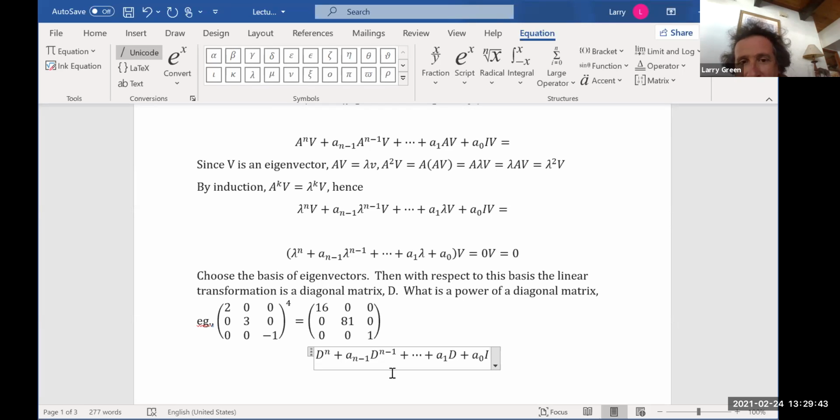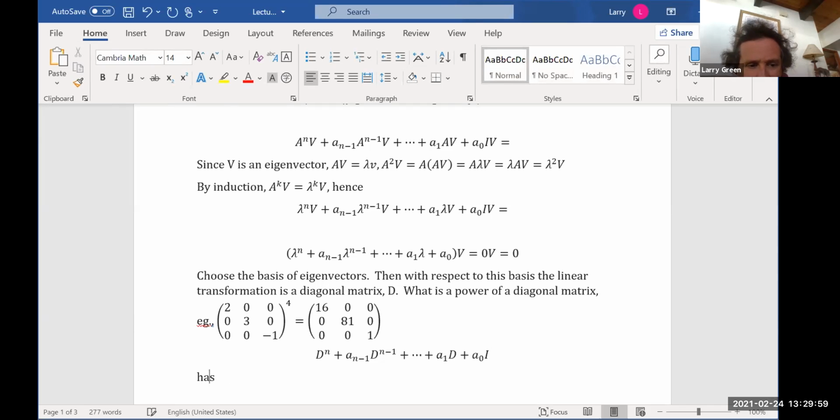We're plugging in our D now because now we're looking at the linear transformation with respect to this nice basis. Well, what that is now is, let me write that down this way, it has 0 for all non-diagonal entries. And that's because if you take D to a power, you always get zeros off the diagonal, and I also has zeros off the diagonal.